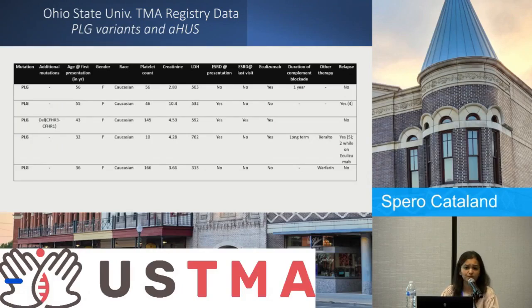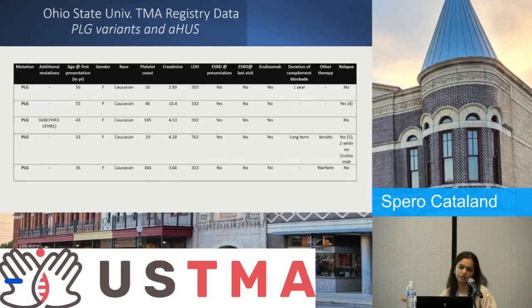All these patients had pregnancies in the past and did not have any TMA episode with their pregnancy, which is also interesting and very different from the usual complement-mediated TMA. All of them did have thrombocytopenia, hemolysis, and kidney injury to the extent that some of them did require hemodialysis when they were initially diagnosed, but they recovered within a couple of weeks to months.